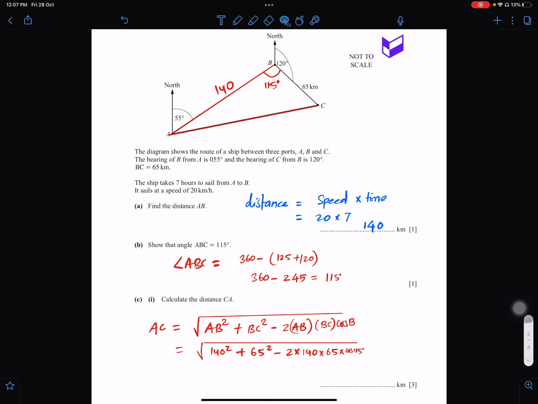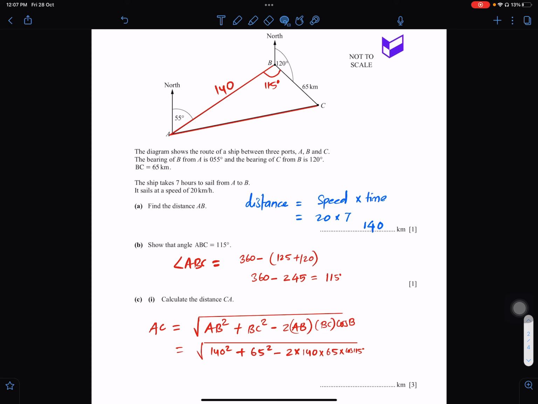So you can use a GDC and calculate this. I'm also doing the same on my GDC. So the square root of 140 squared plus 65 squared minus 2 times 140 into 65 into cos of 115.